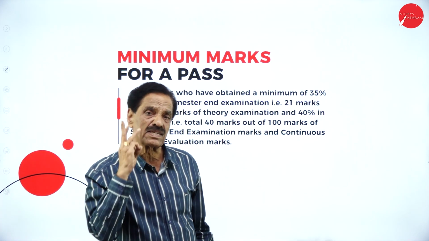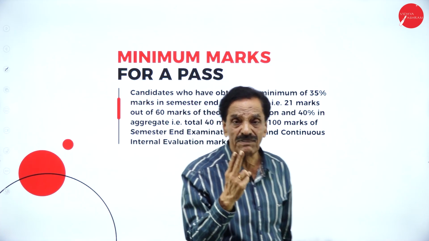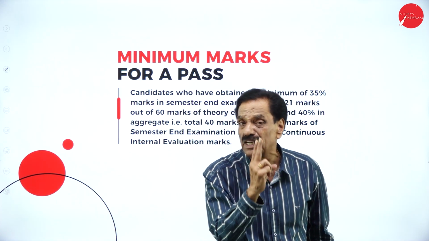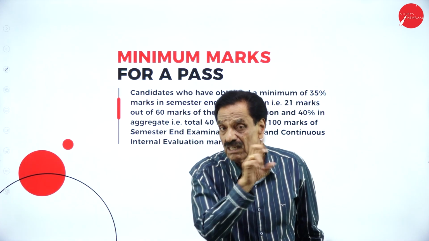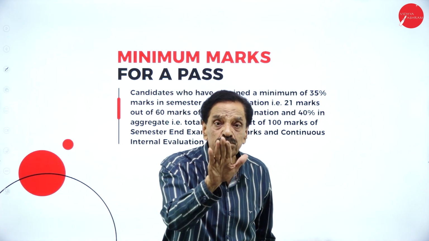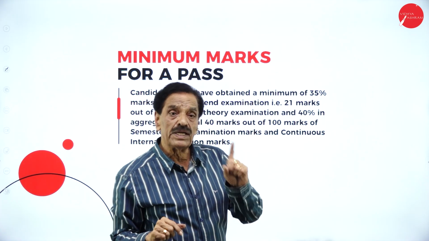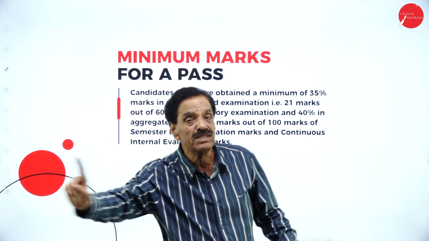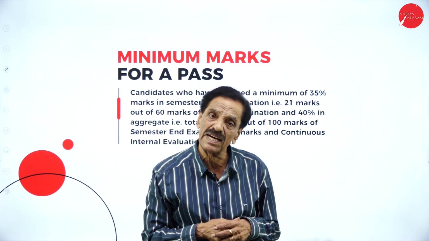So we conduct 3 internals, and the average of 2 internals will be taken into consideration. Totally 40% is to be scored, 21 from the paper, and the balance is from internal assignments.